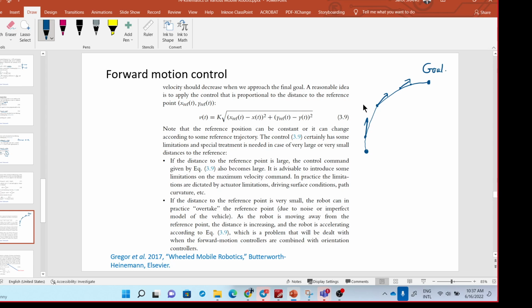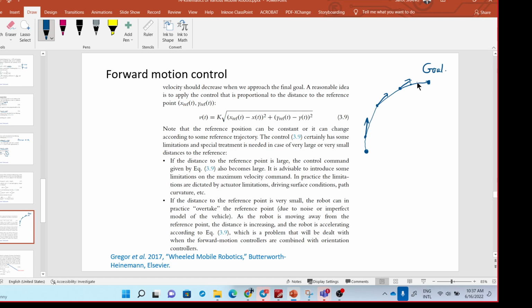The way to relate it is that we choose the linear velocity to be proportional to the distance from this point to the goal. It means if we are still far away from the goal, linear velocity should be very high, so we can go very fast.